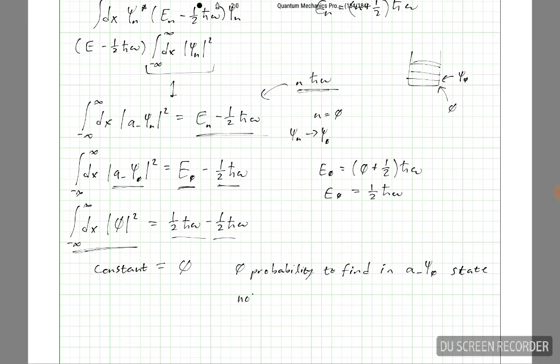So it is basically not normalizable. Normalizable would mean it would be equal to a constant, and I could put any normalization constant I want in front of it to normalize it to 100% probability. But if my entire integral equals 0, I can't multiply anything by 0 and get not 0.